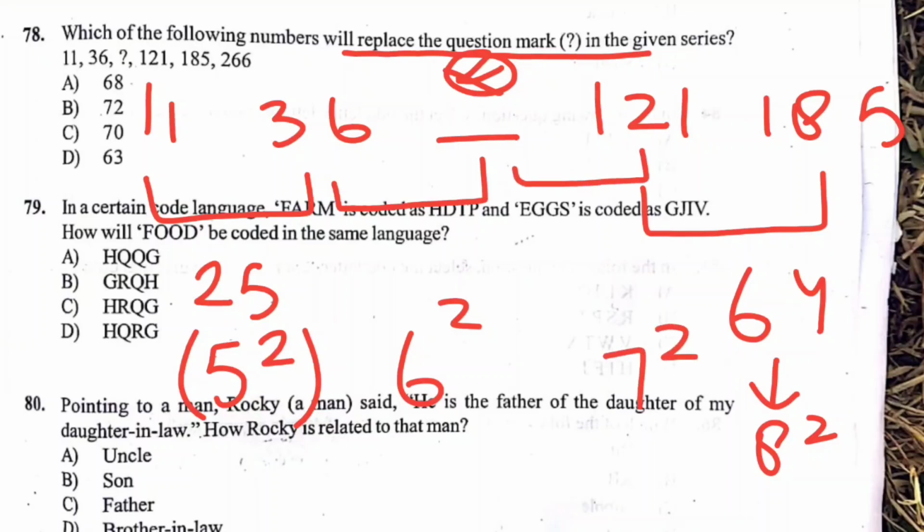So here we have 11 plus 25 is 36. Now 36 plus 6 square, that is 36 plus 36, is 72, which should be here. So the difference between consecutive numbers is the square of first 5, then 6, 7, and so on.